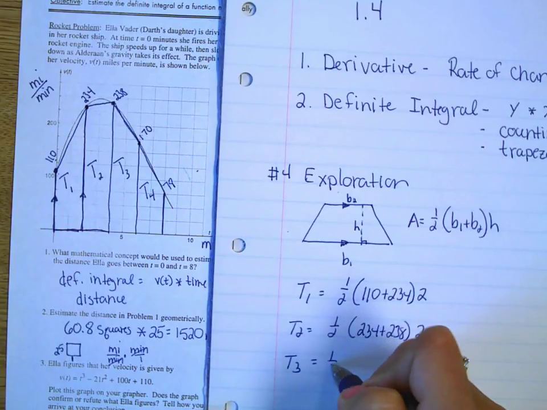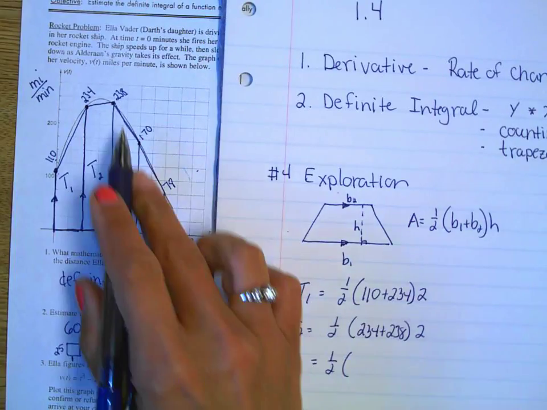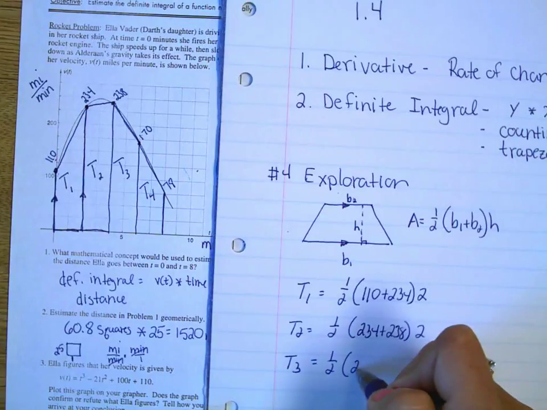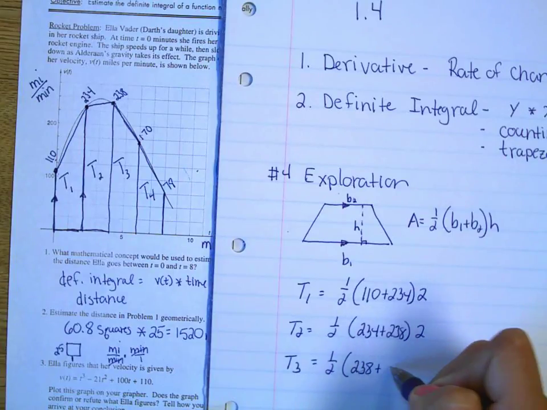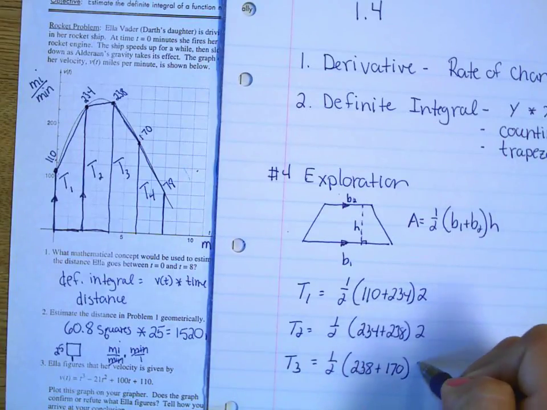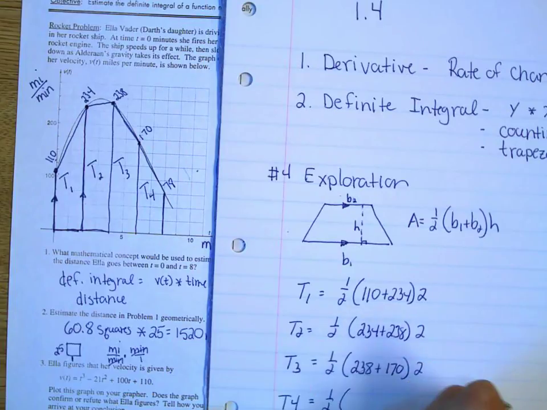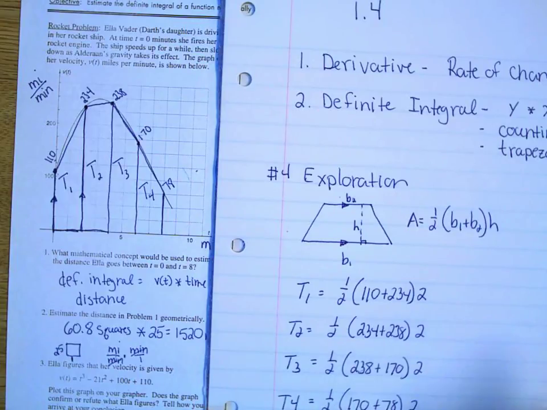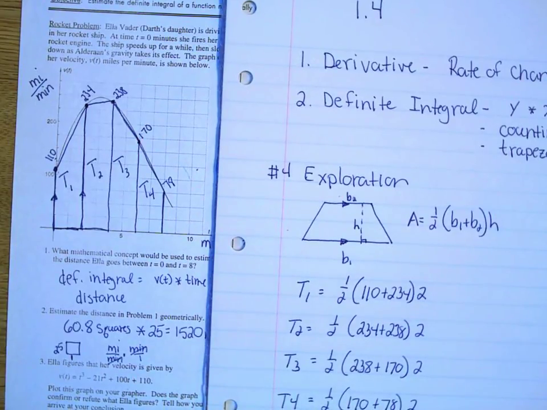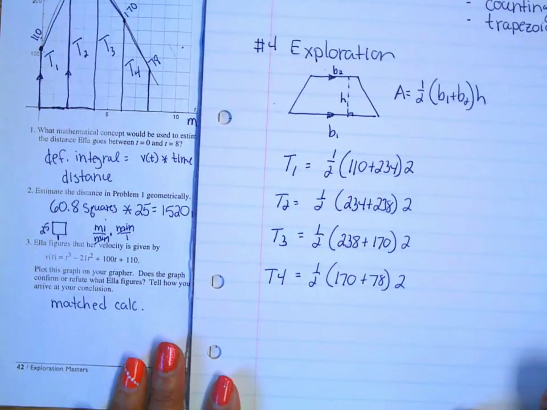Trapezoid 3 is 238 and 170. And then trapezoid 4 is 1/2 times 170 and 78 times 2.